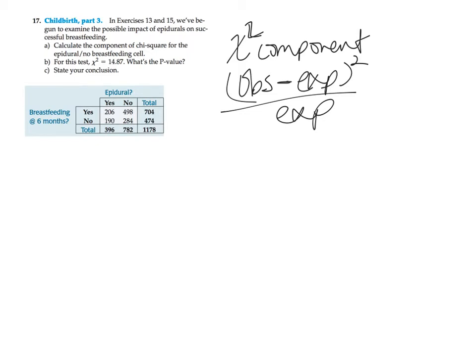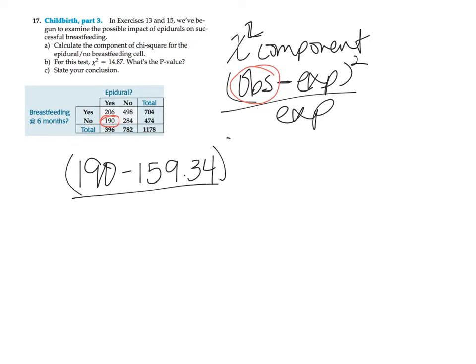So for this one, my observed is 190. My expected is what we calculated on the last page. So it's 190 minus 159.34. Square that value and divide by 159.34.